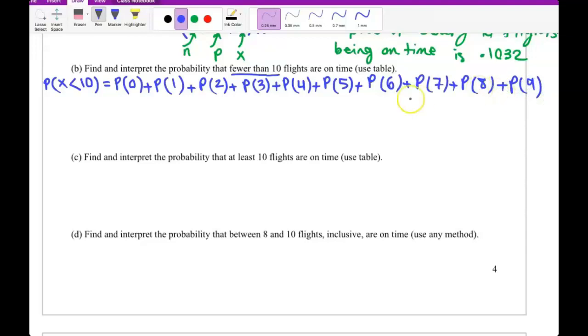Okay, so we have all these. Now use the table.